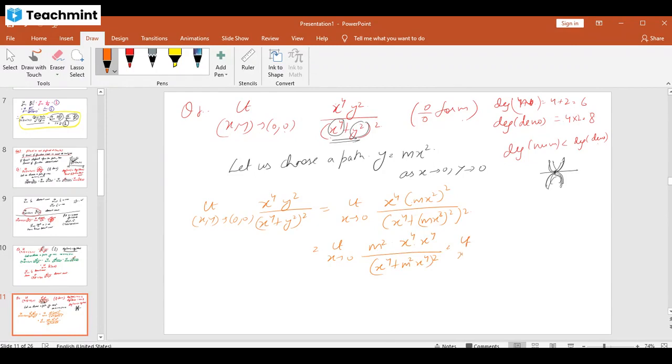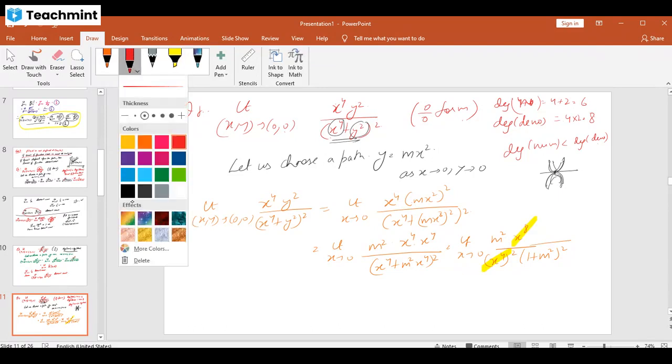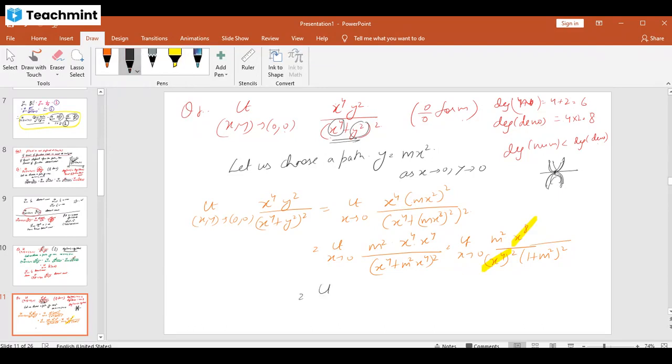So limit x tends to 0 of m square x power 8, and in the denominator x power 4 whole square is common and we're left with (1 plus m square) whole square. x power 4 whole square means x power 8, so this x power 8 and x power 8 get cancelled out. So we're left with limit x tends to 0 of m square upon (1 plus m square) whole square.